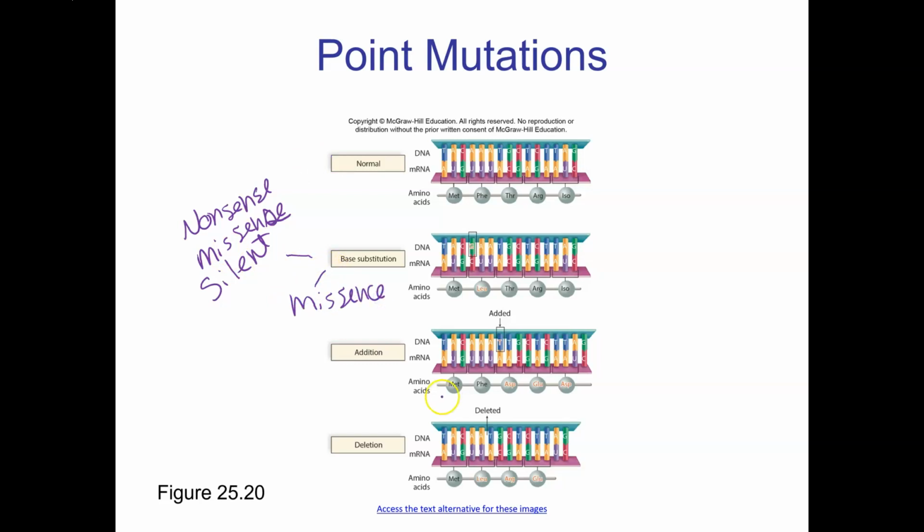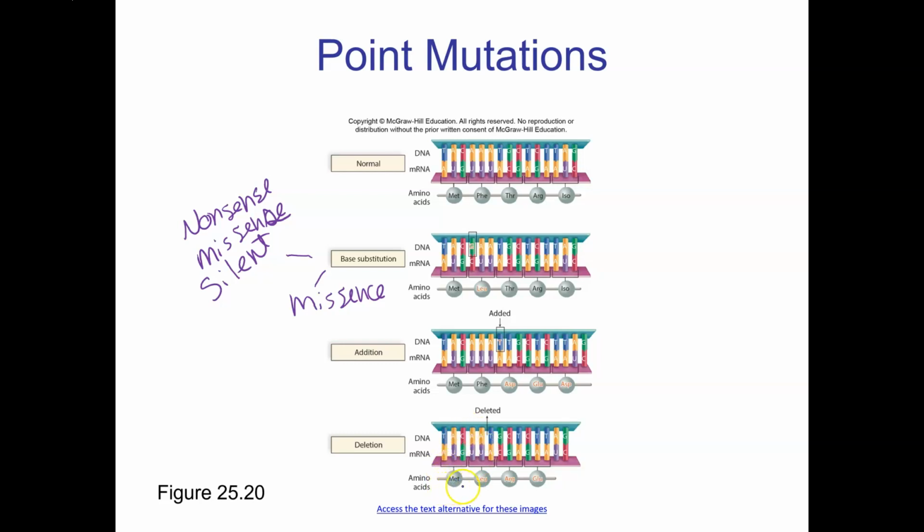And then down here, we have taken 1 nucleotide out. Or no, we've added 1 nucleotide in. So we have methionine, phenylalanine, but now we have asparagine, leucine, and asparagine again. So we've changed the amino acid sequence. So the structure has changed, so it's going to be differently functional. And down here, we have deleted 1 nucleotide.